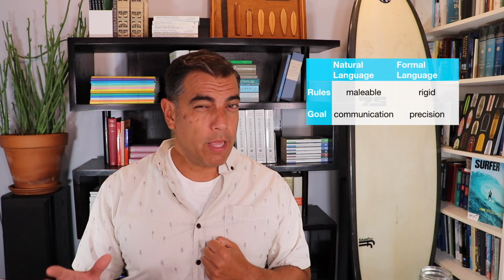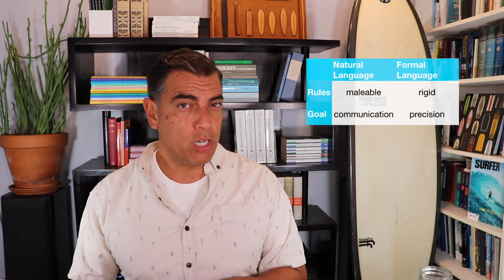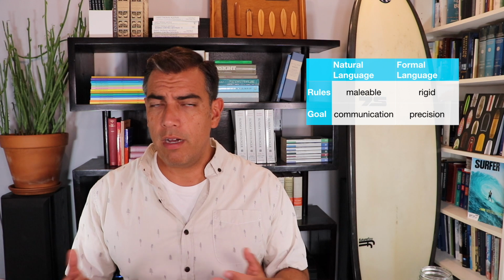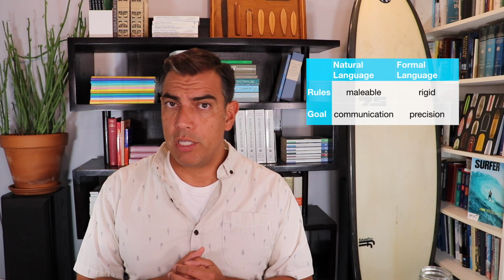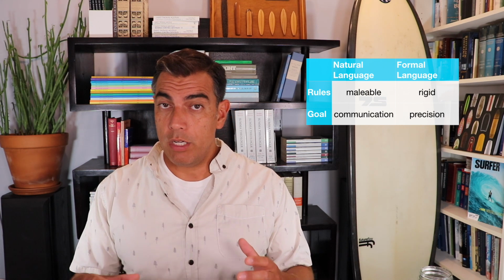Natural language, we said the goal is communication. Formal language, the goal is more of precision. I mean, there is an element of communication there, but really what you want to do is to be precise with these languages. That's the whole purpose of them being invented. Otherwise, we would just stick with natural language. So the rules in formal language are a little bit more rigid than they are in natural language.